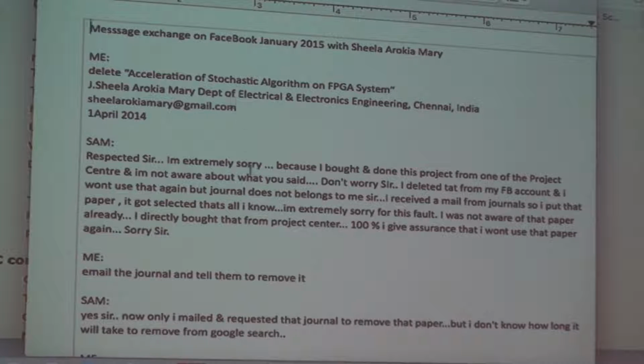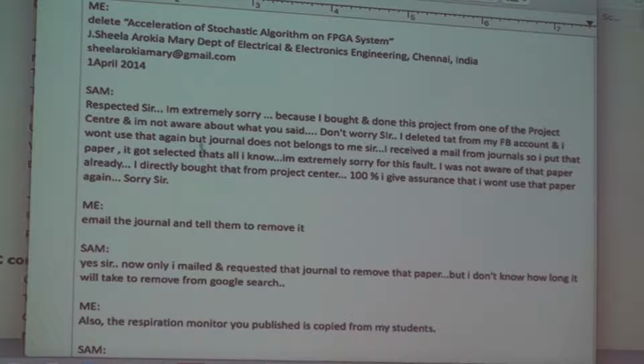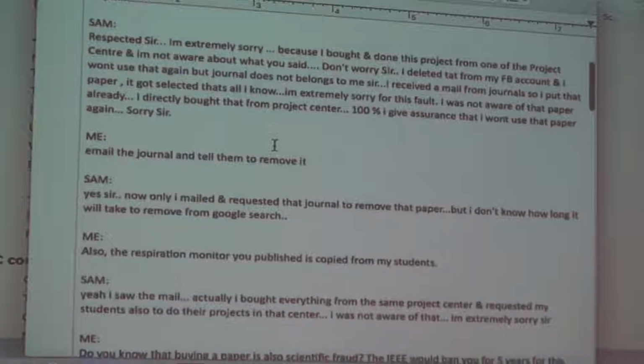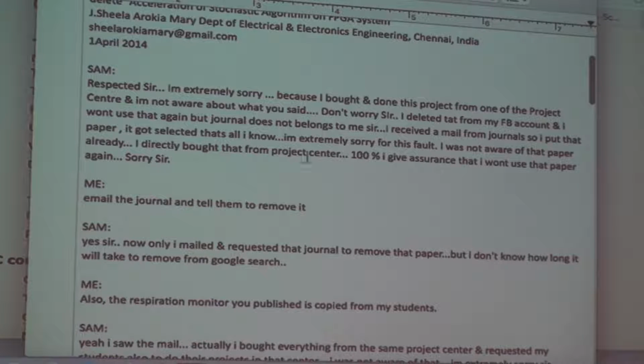Anyway, I get this message back: sorry, I bought this project from one of the project centers. So not only did she buy it. I told her to take it down. The journal doesn't, so I had to explain to her how to take something off of a journal, which she did.